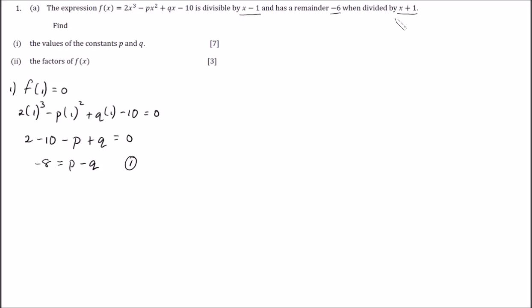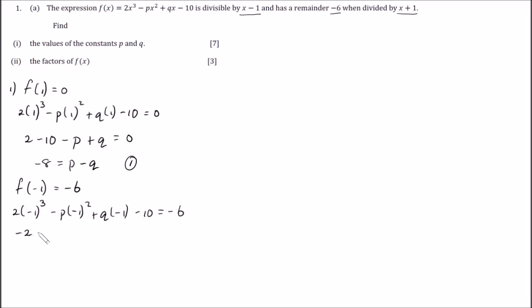With this information, by the remainder theorem, f(−1) = −6. So that's going to give us 2 × (−1)³ − p × (−1)² + q × (−1) − 10 = −6. (−1) cubed is −1, so this is −2.